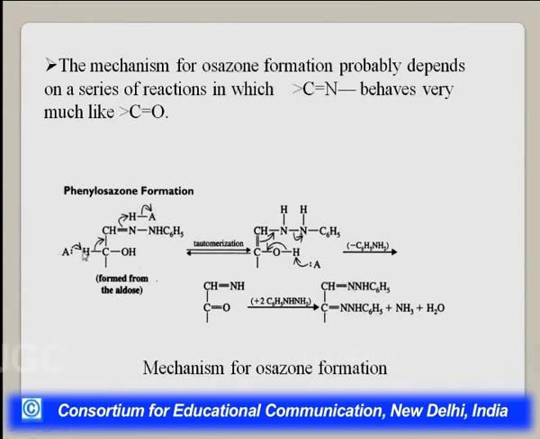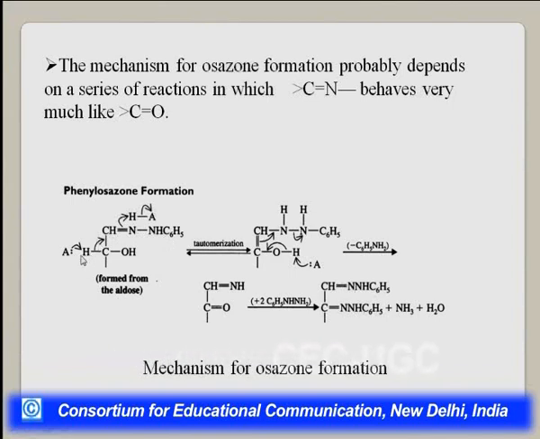This is the base, it abstracts the proton. First of all, this aldehydic molecule gets converted with the help of one molecule of phenylhydrazine by a nucleophilic addition reaction. You know what is nucleophilic addition reaction? It is given by aldehydes and ketones, I have discussed in detail.